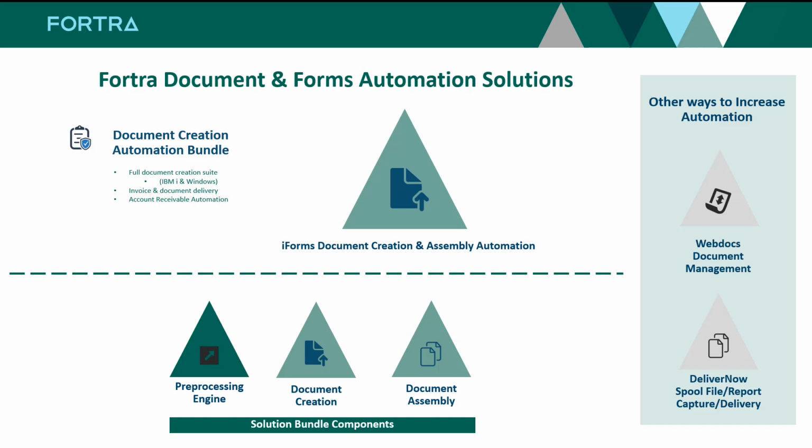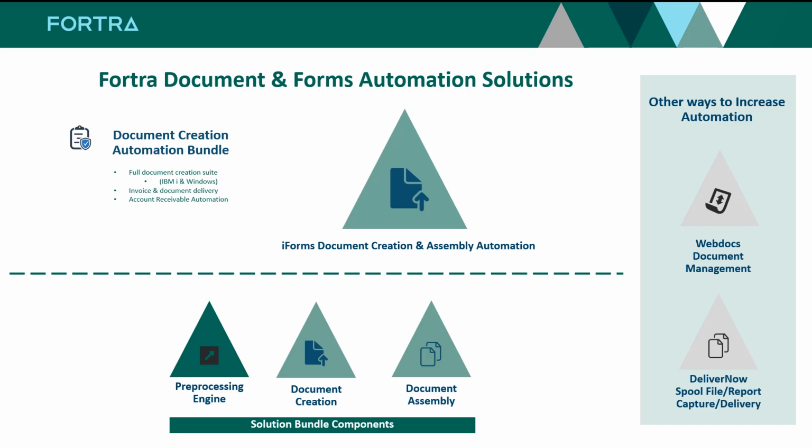And what I mean by extract emails from a database: say that you're creating inside of your forms process, you need to split out a run of invoices, and then those invoices need to be individually created, but there's no email address associated to it. So we can actually take a set of data from the spool file itself or the database and then do a lookup on that information and then process that information to the iForms server to do the delivery mechanism on the back end.